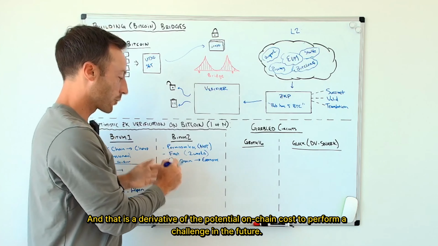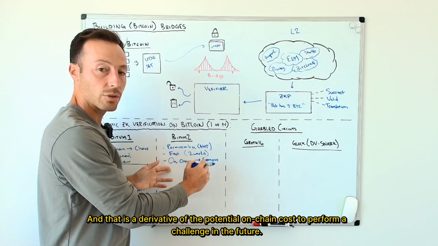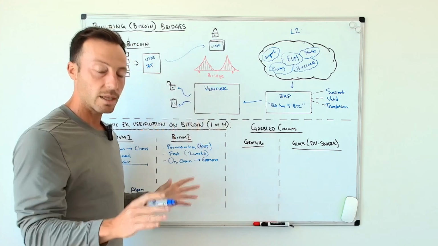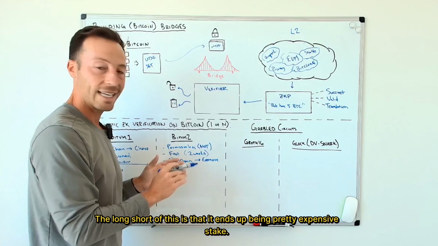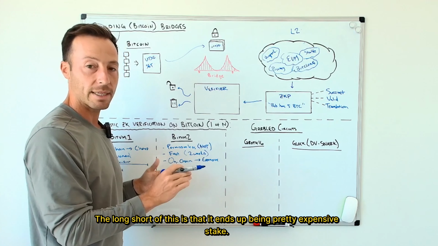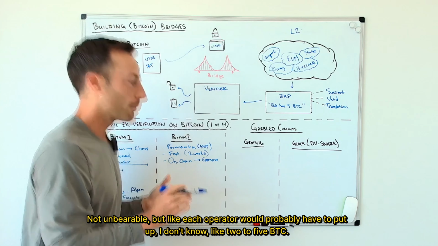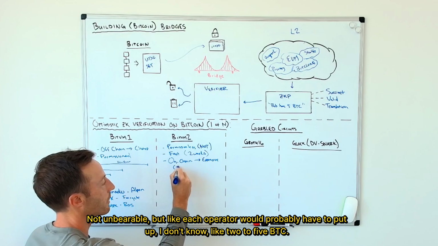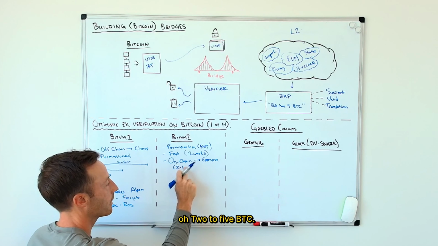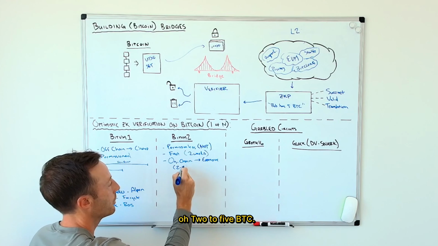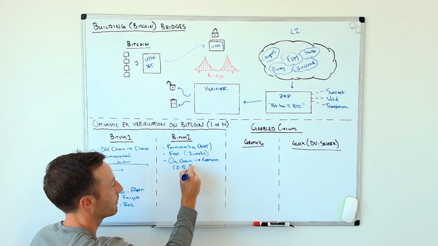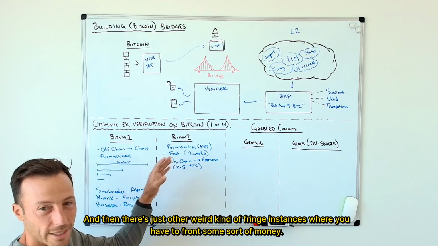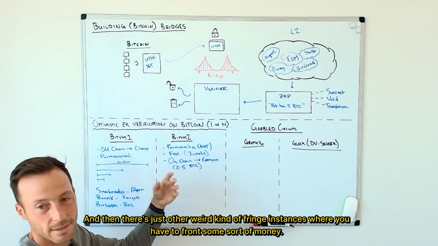And that is a derivative of the potential on-chain costs to perform a challenge in the future. The long and short of this is that it ended up being pretty expensive stake. Not unbearable, but each operator would probably have to put up, I don't know, 2 to 5 BTC. And then there are other fringe instances where you have to front some sort of money.